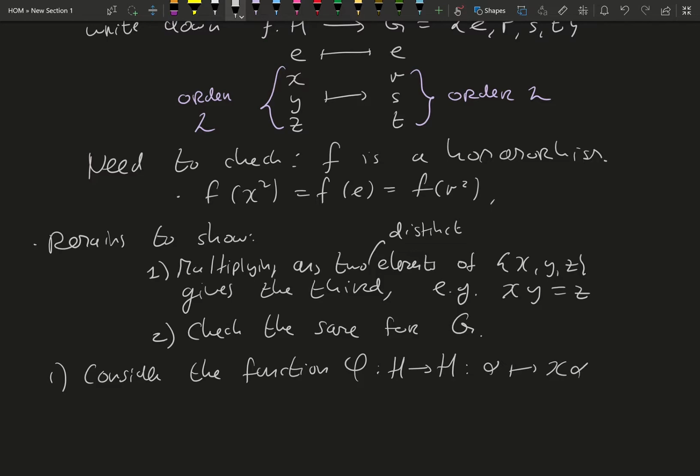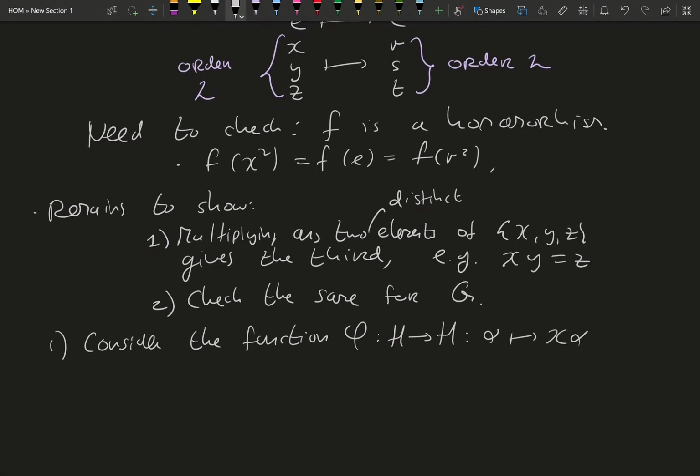So we multiply every element by X from the left. And then we remark that phi is a bijection. Indeed, it has inverse the map that maps beta to X inverse beta.